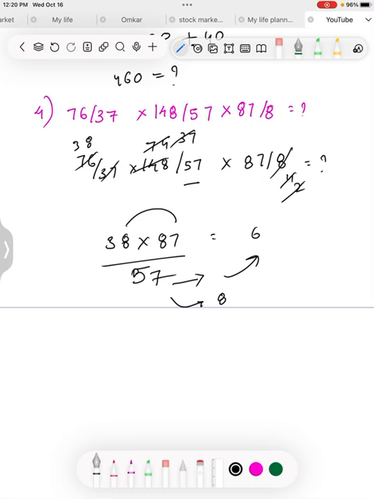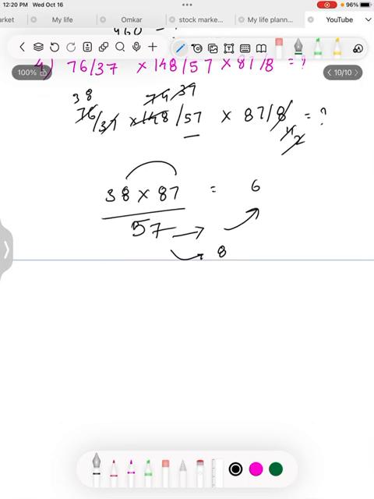So we have two options. So you can check which option will give this one.